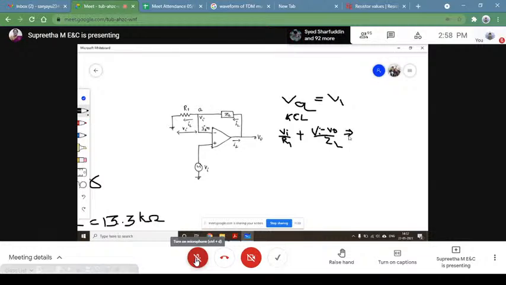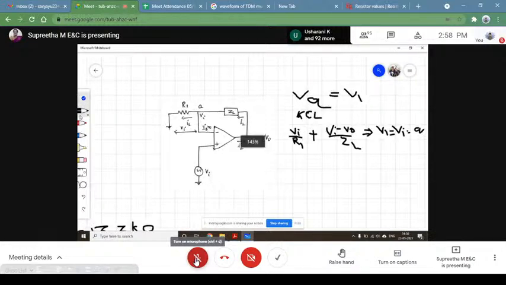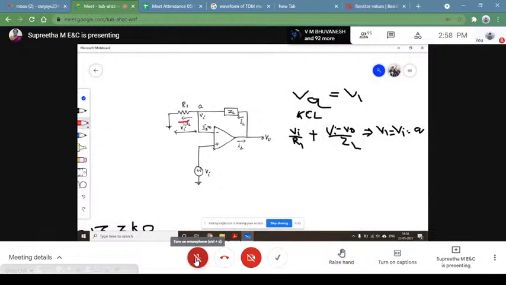So at the node, I can say VI is equal to V1, that is also the same as VA. If you observe here, whatever current appears at this resistance R1 is the same as the current flowing through the load, because your op amp will not take any current. Is it not? Your op amp will not take any current, so whatever current is flowing from R1 is the same as the current flowing through R2.